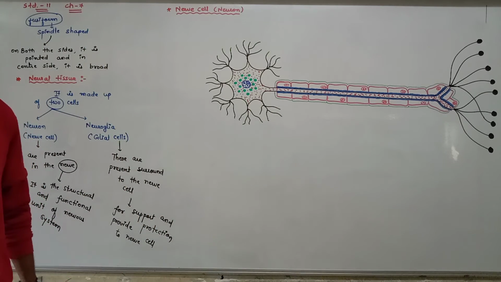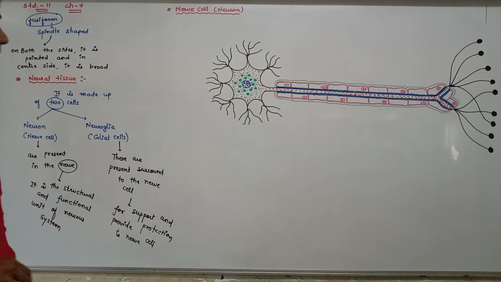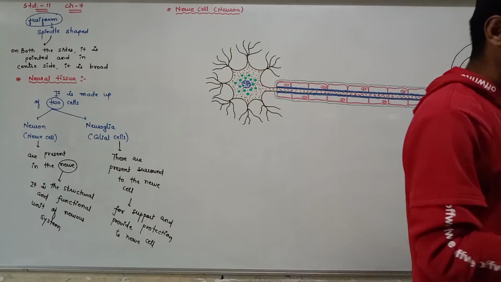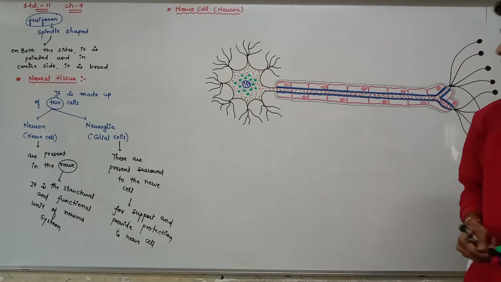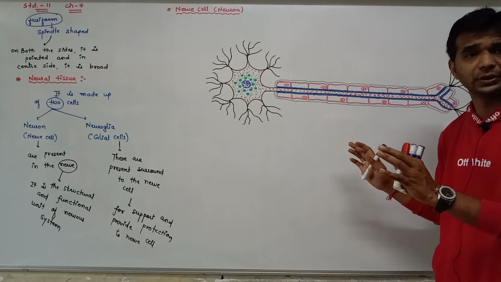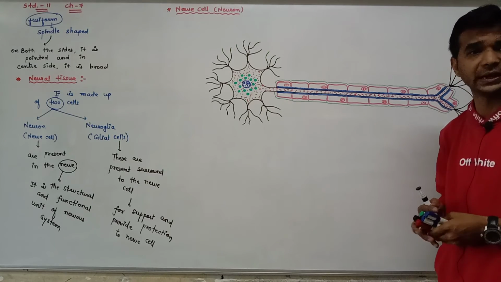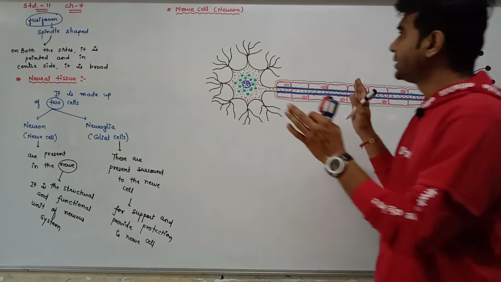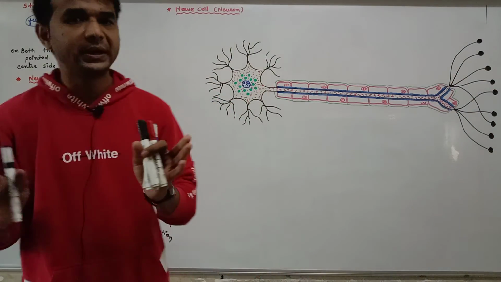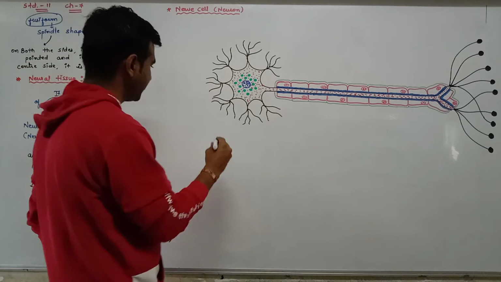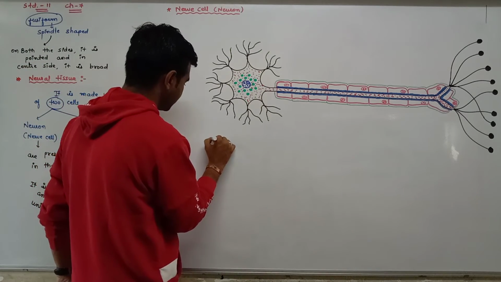Okay, this is the diagram of the neuron or nerve cell. Actually, you have learned this in the 10th standard. Here, when you see it properly, the nerve cell is made up of two things.